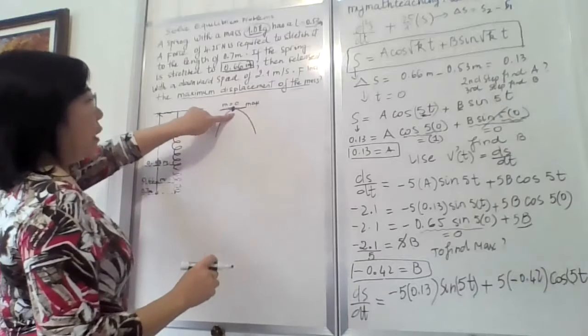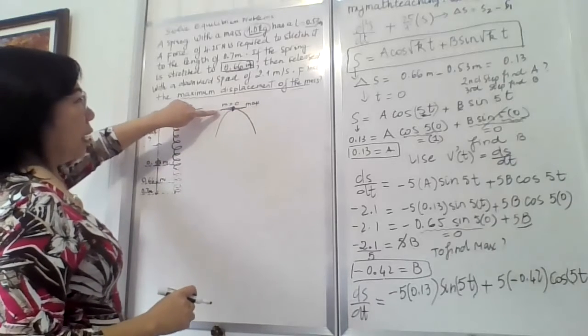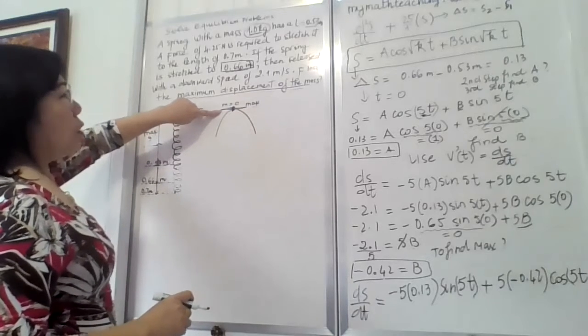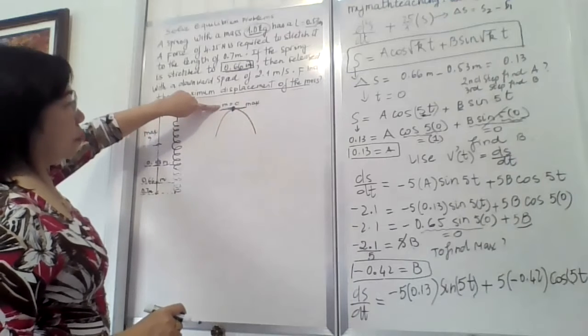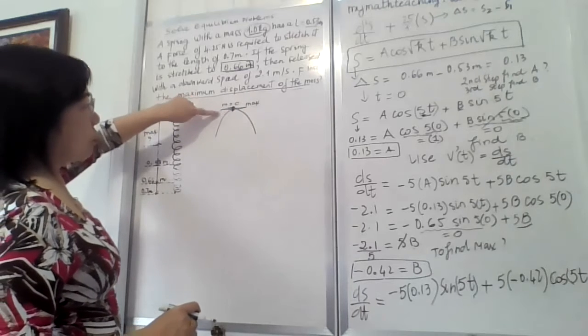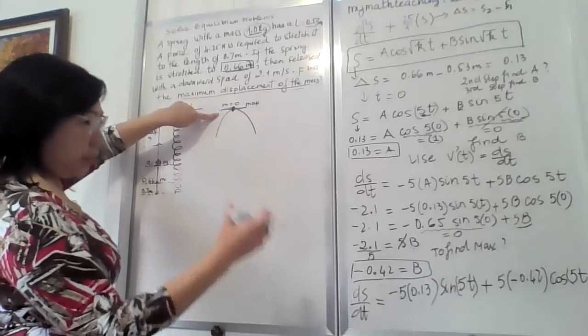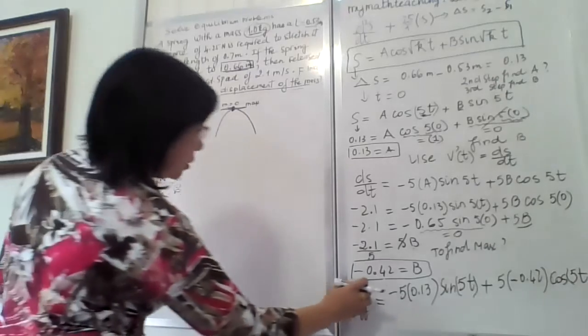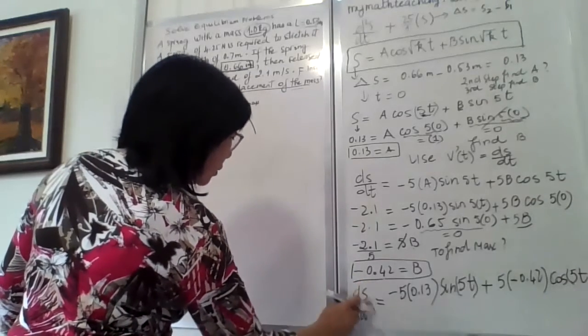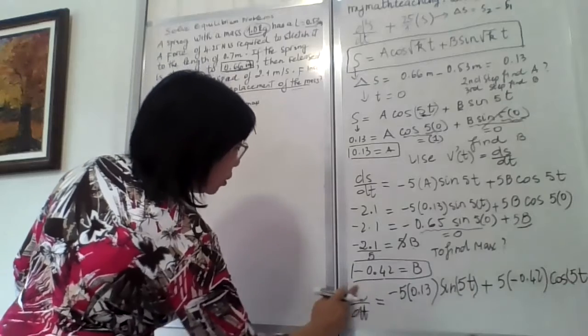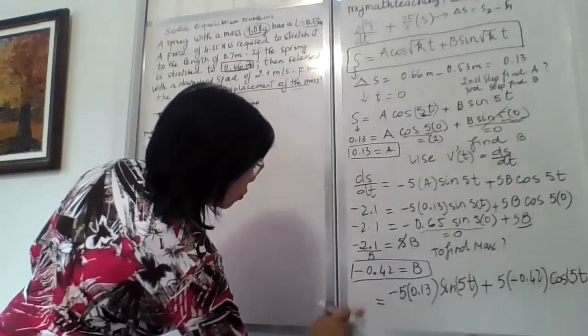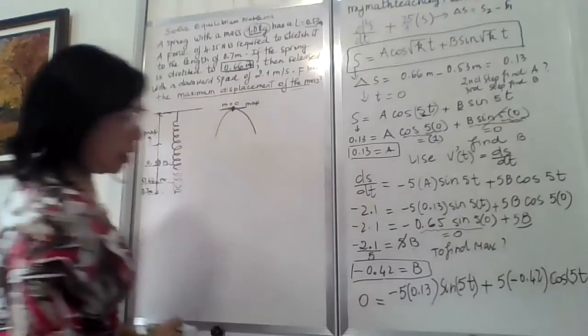So to find the maximum, we have to find the derivative when the slope of the tangent line equals 0. And the tangent line is the derivative. So this derivative, ds over dt, to find the maximum, we set this equal 0, right?